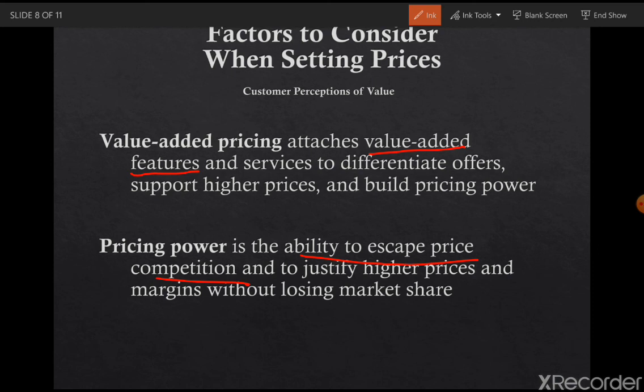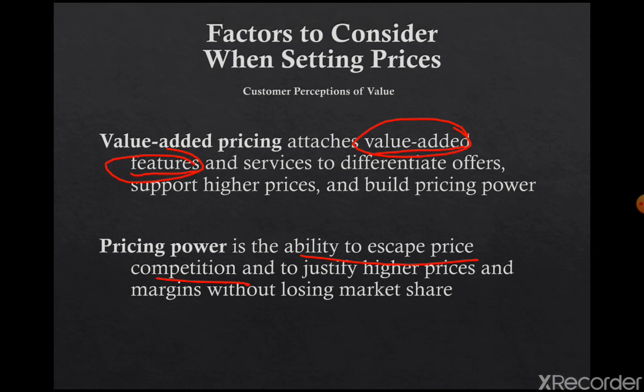So the customer is again going to come to you. Why? Because you are giving the customer an extra feature which the competitors are not giving. There will be customers who are ready to pay for those value added features, right? That's what value added pricing is, right?